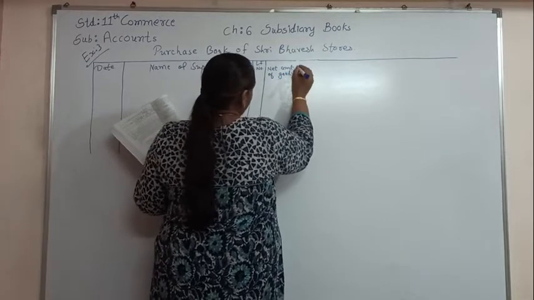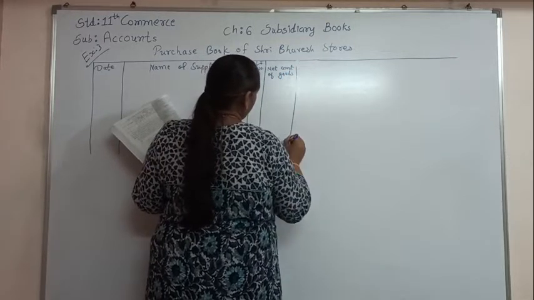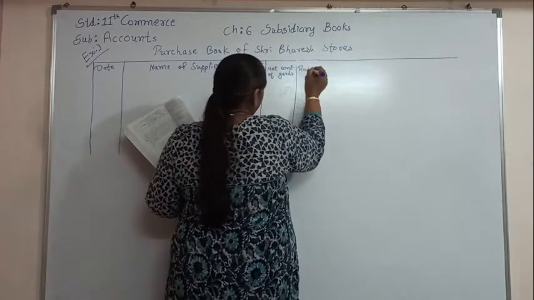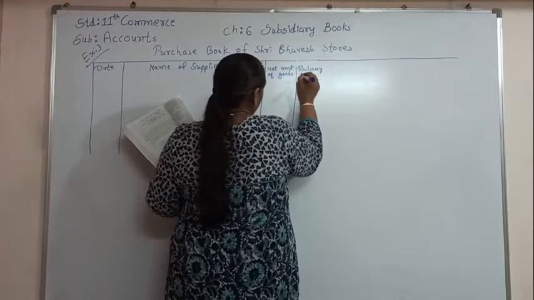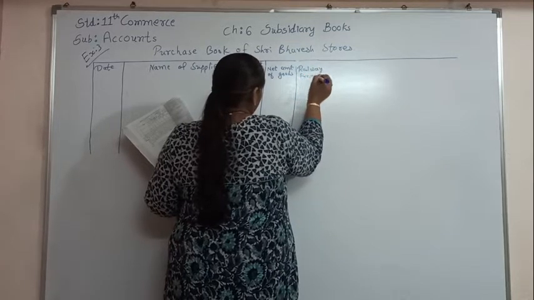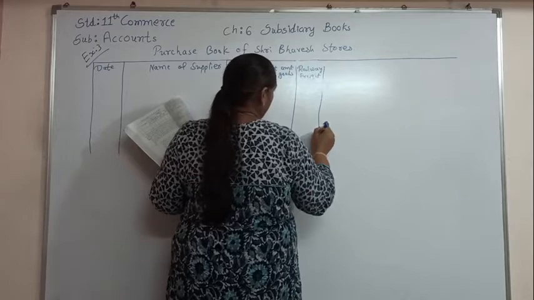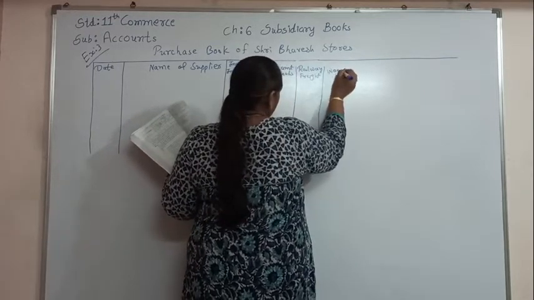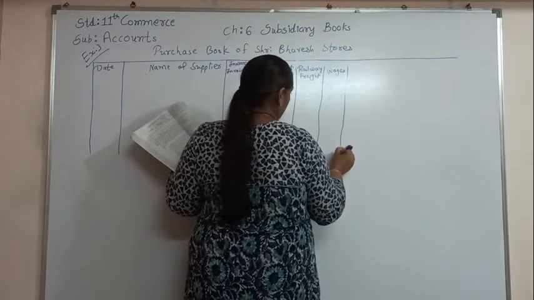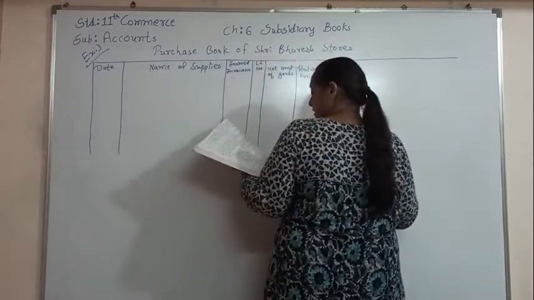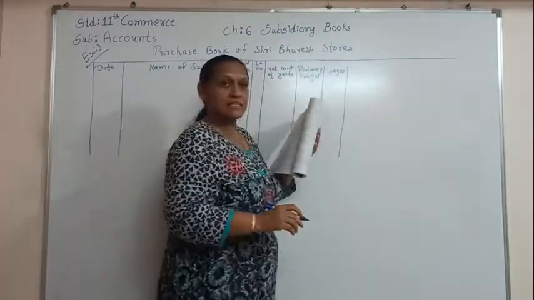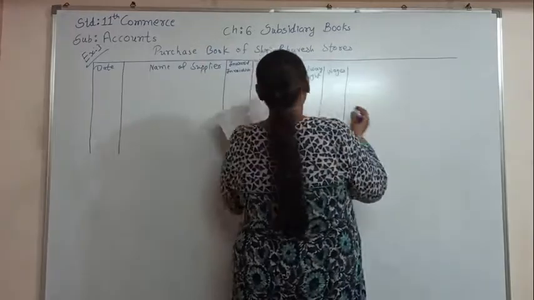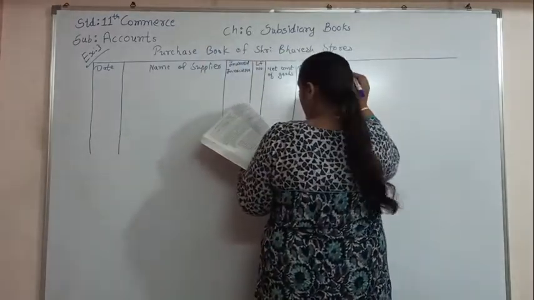Next column, and afterwards we are going to prepare the next column, that is railway freight. And the next column will be wages. And afterwards there will be input CGST, input SGST and IGST. So for that we are going to prepare different columns.